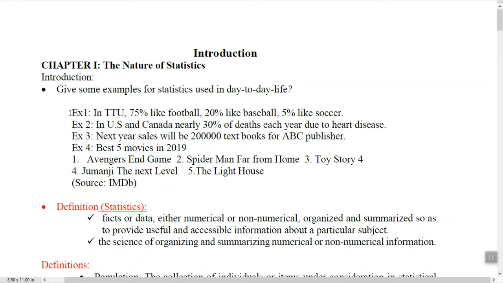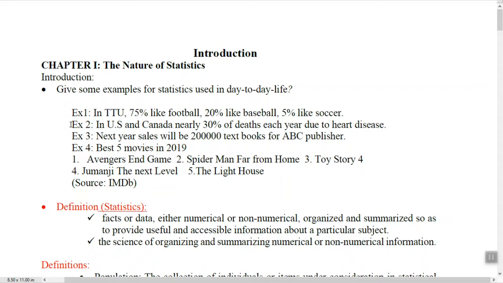Okay, let's check the second example. In US and Canada, nearly 30% of deaths each year are due to heart diseases. So, death occurrence due to heart diseases, they have mentioned 30% in US and Canada.